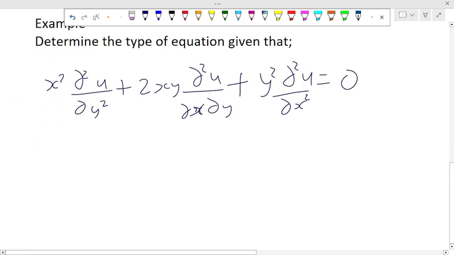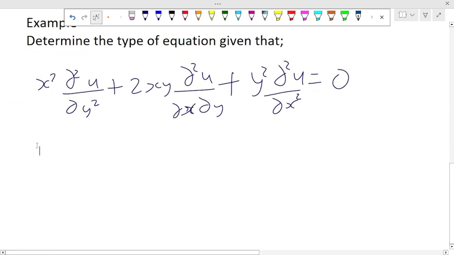So we are asked to determine the type of equation.